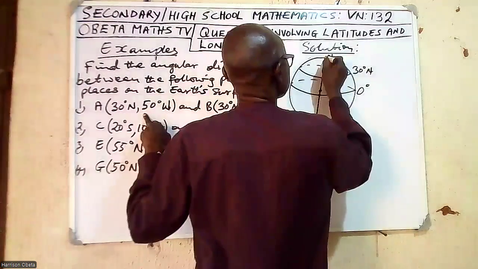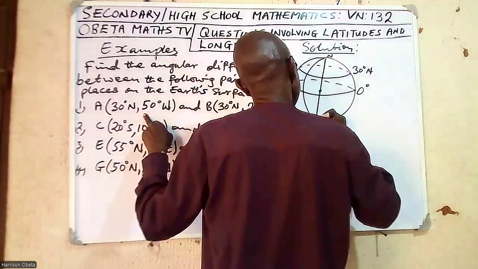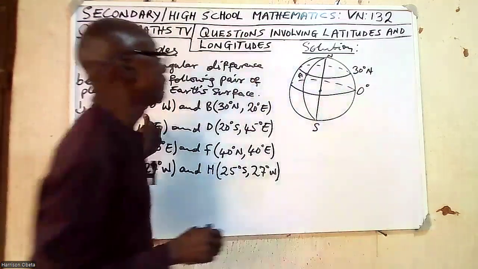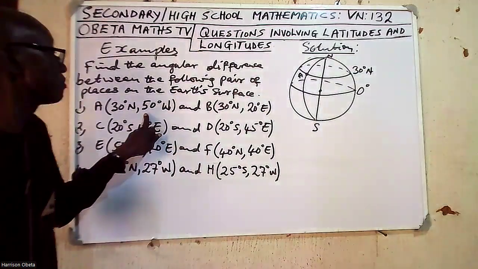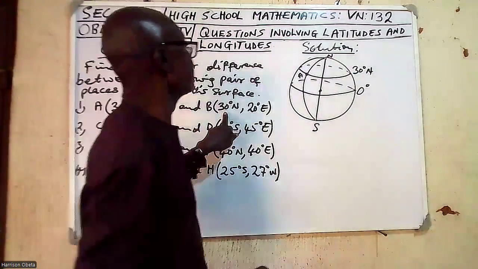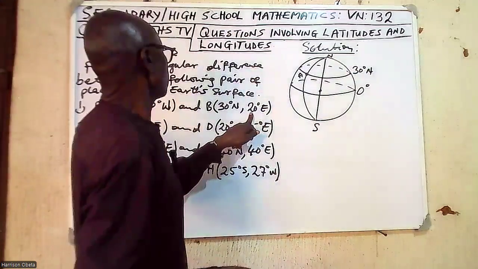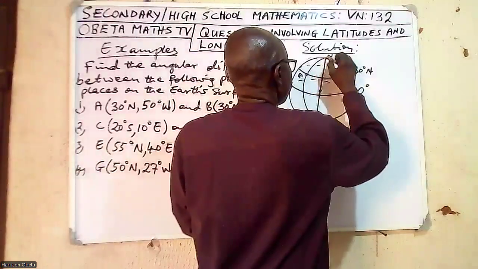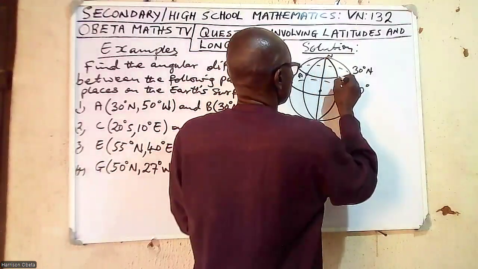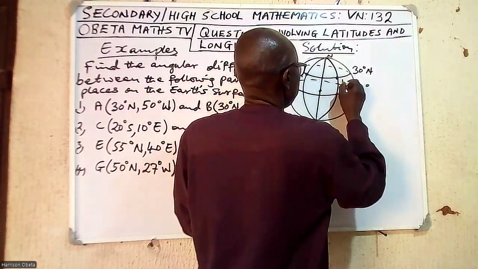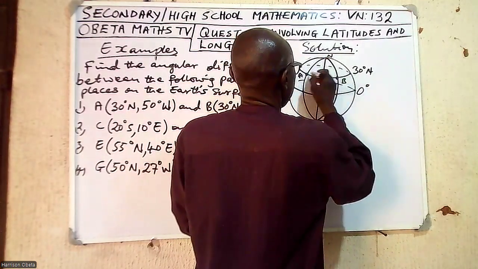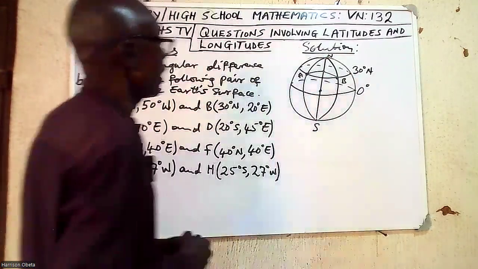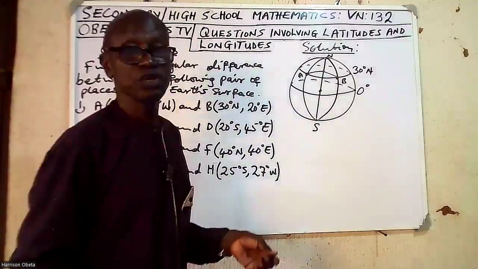So let's take this to be our A. Then B now, 30 degrees north, that's the same place, but 20 degrees east. So let's take this to represent our B. And then the center, we have this. So we're now looking for the angle between the two.